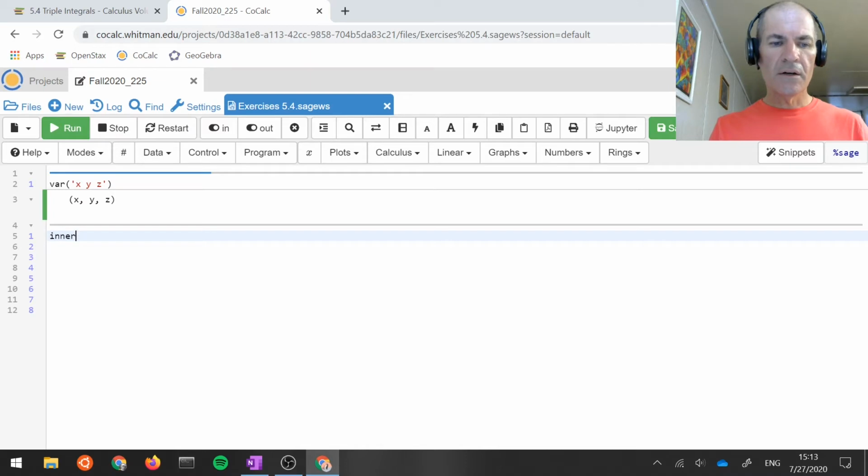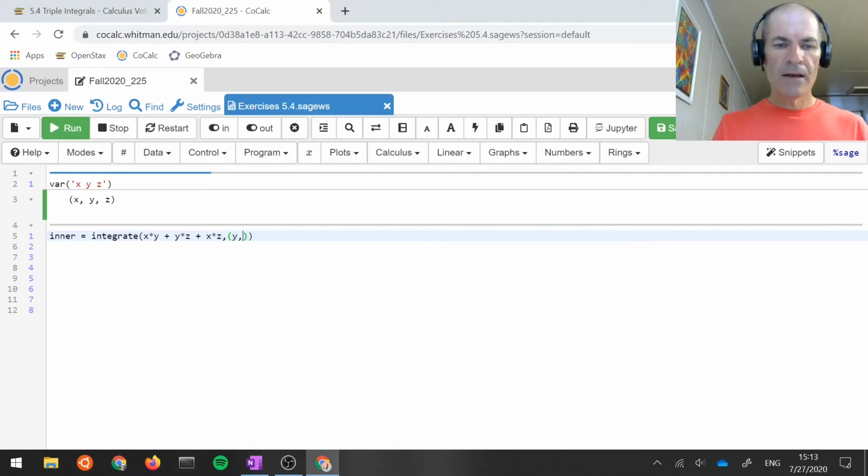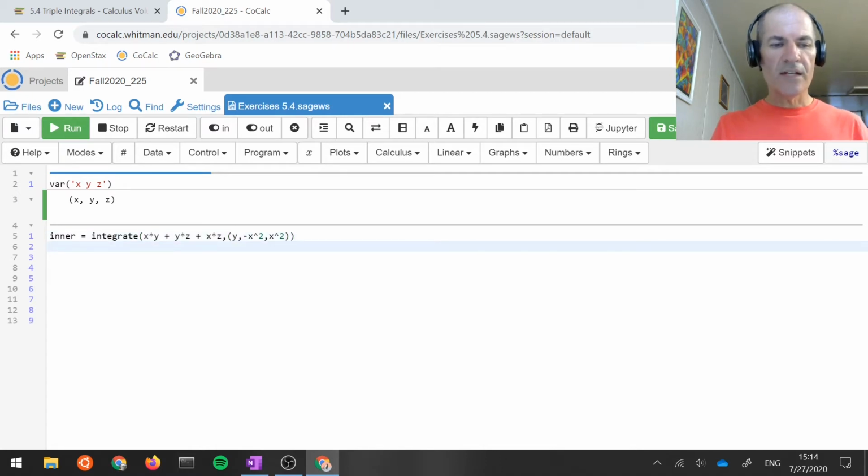I'm going to do the inner integral first, and it's just a collection of integrate commands. I want to integrate x times y plus y times z plus x times z with respect to y first. The lower limit is minus x squared and the upper limit is x squared. And once I'm finished with that, I want Sage to show me the result. So I'm just going to put show inner right here.